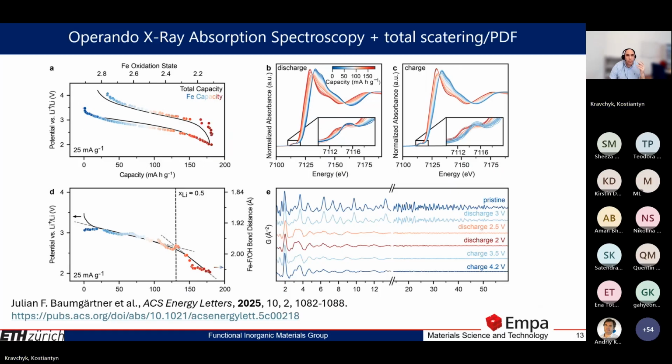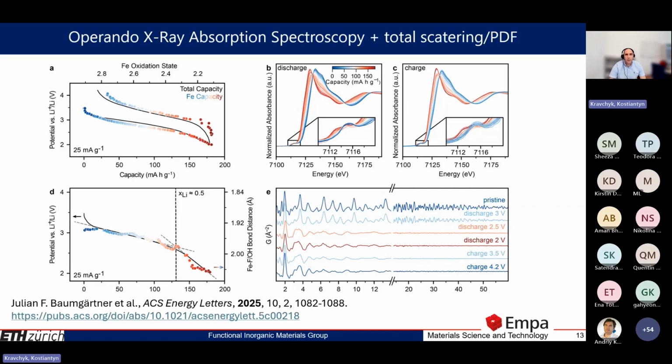Another quite common method which people use to characterize materials is X-ray absorption spectroscopy.